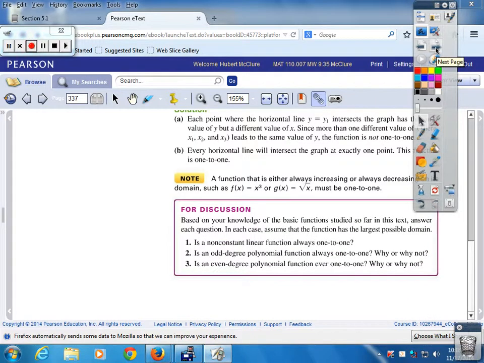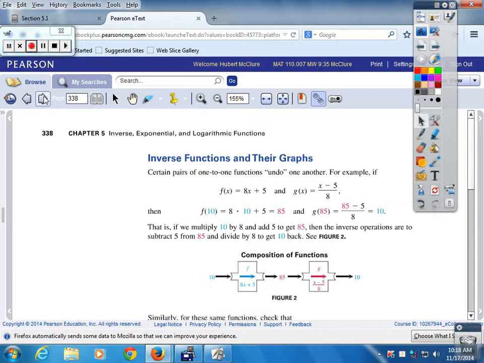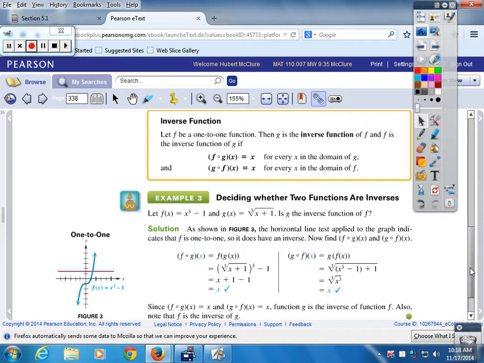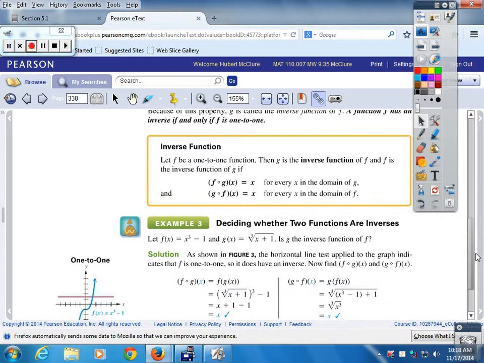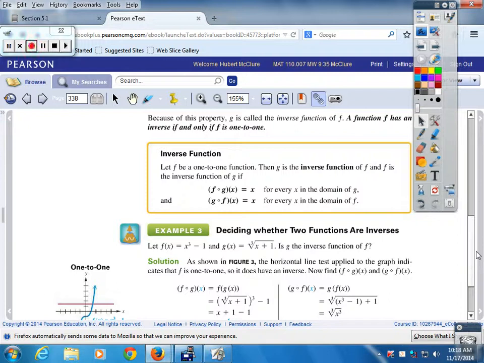Still haven't got to where I want to get. Not going to turn the page. Okay, you need to write this down. The horizontal line test is how you check it graphically.